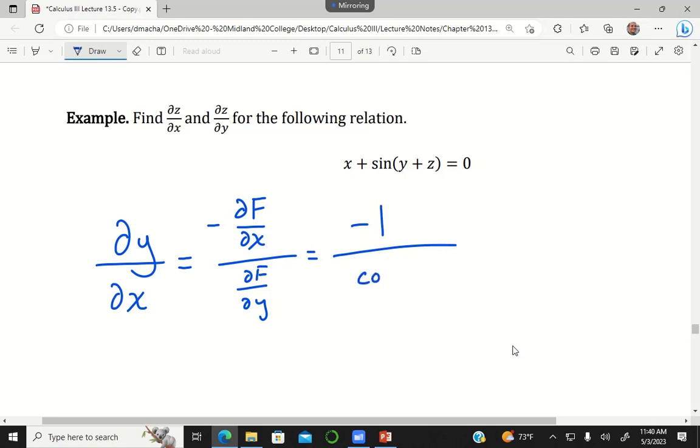Cosine y plus z times z. No. So you just times one. Cool. So 1 over cosine is also called secant. So it's like negative secant y plus z, but that's not necessary.